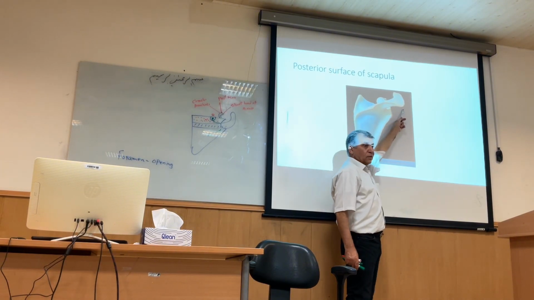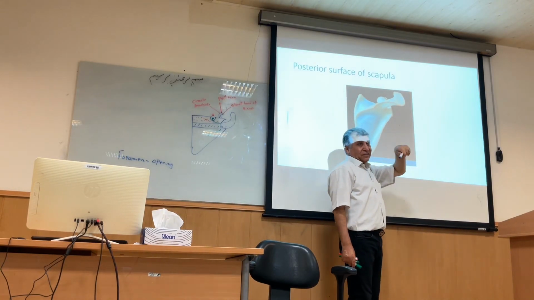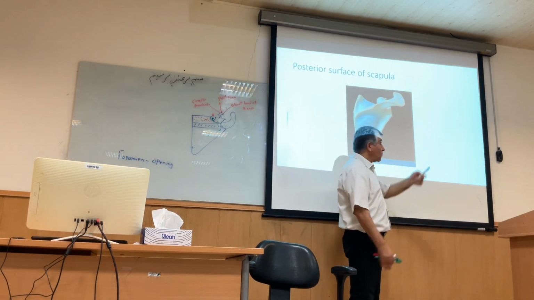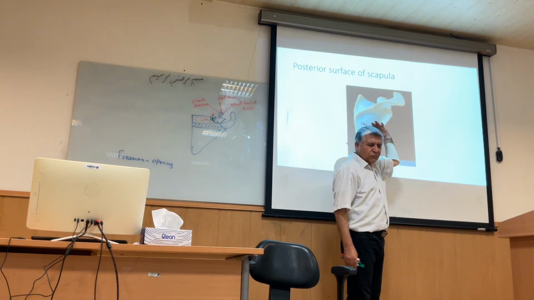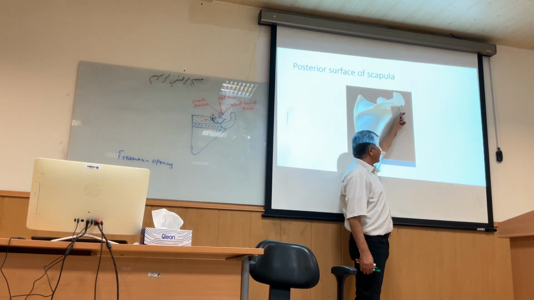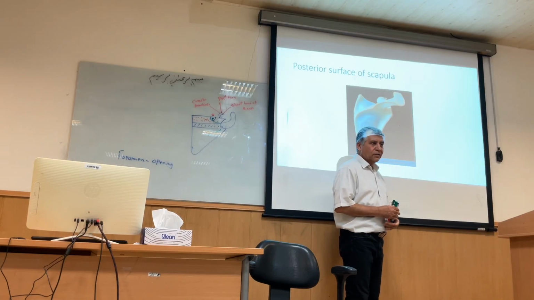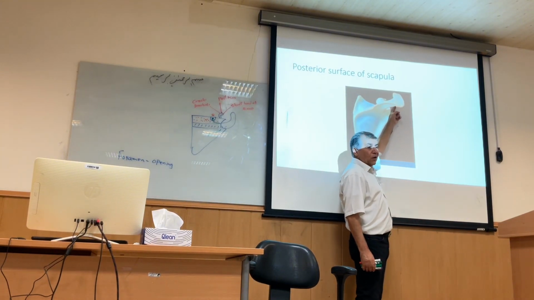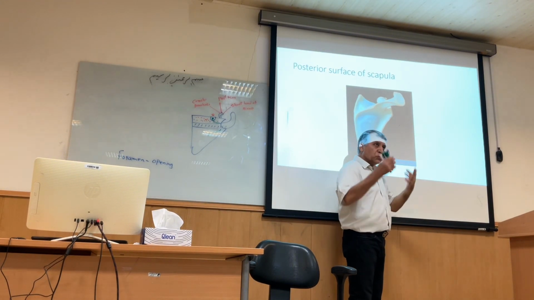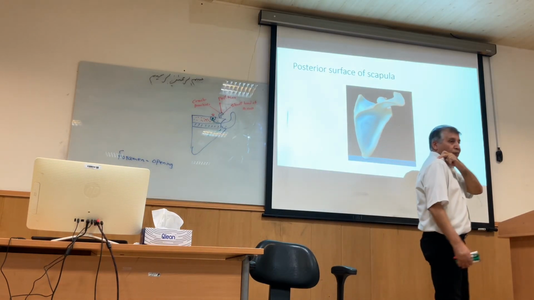Supraspinatus, just below the acromion process, and a structure between the tendon and bone. Which structure? Bursa. The name of the bursa is subacromial bursa or supraspinatus bursa. For this reason, this area is painful.